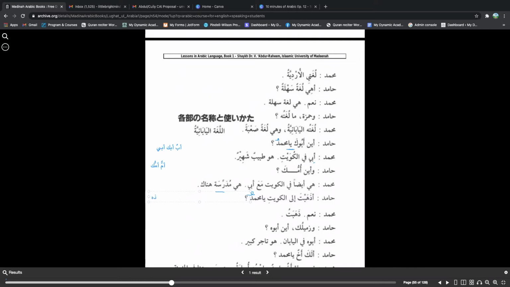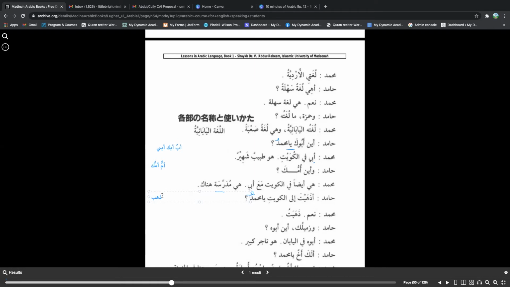Dhahaba. So the original word is dhahaba, where you have a fatha over all three letters. And in order to attach this pronoun, so we can show who the doer is, who the fa'il is of the verb, the first thing you do is get rid of this and put a sukoon on the last letter.